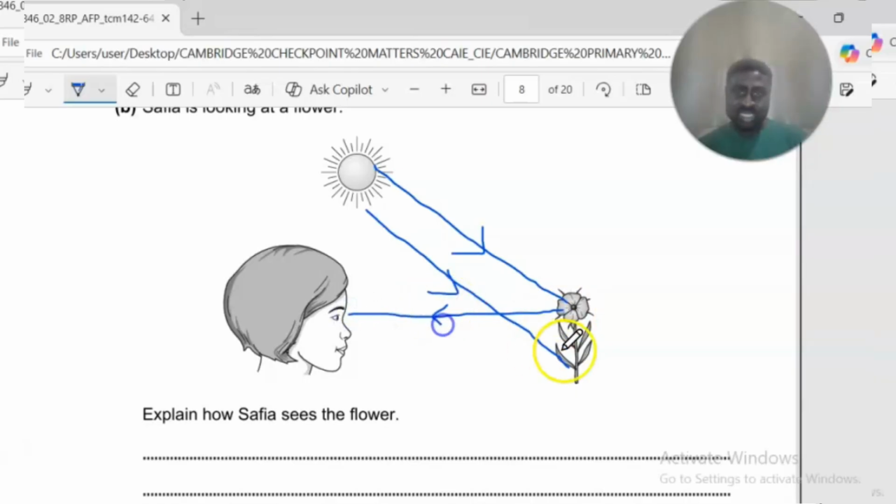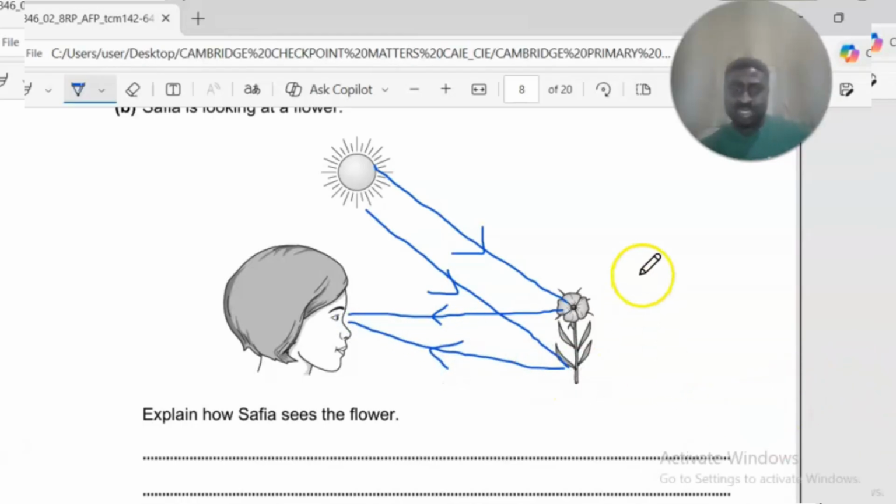So this is how she sees this object. This is just a simple analysis showing how light travels and how objects are seen in the environment. So this goes to our eyes.